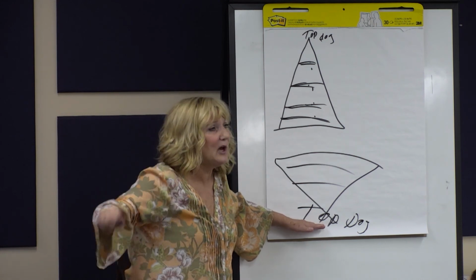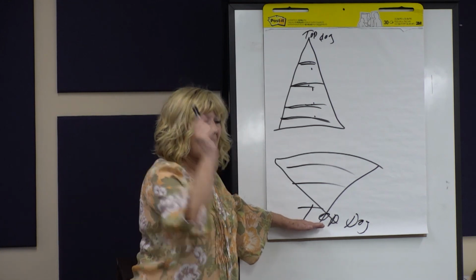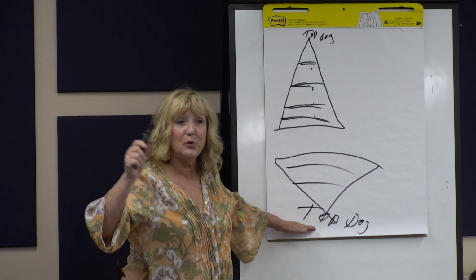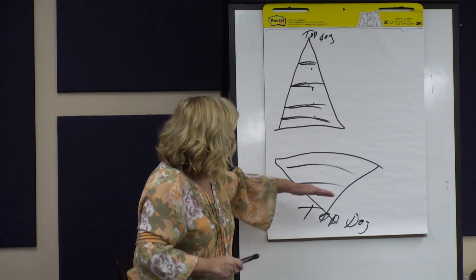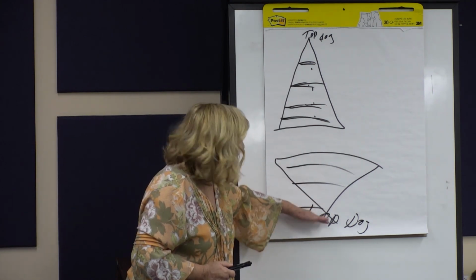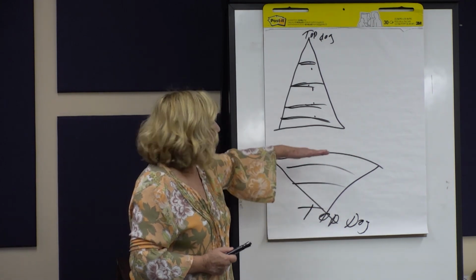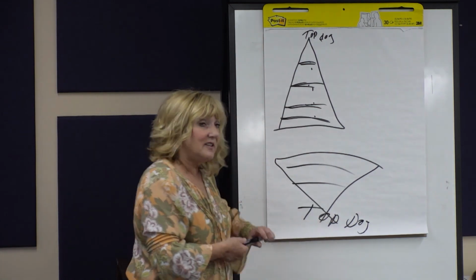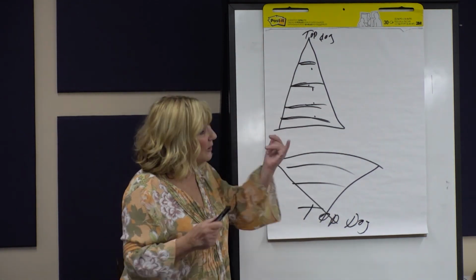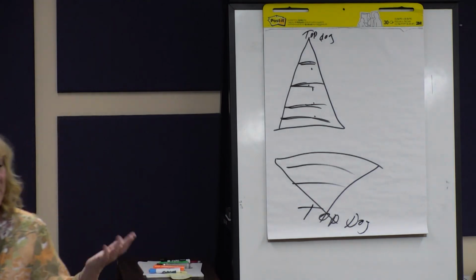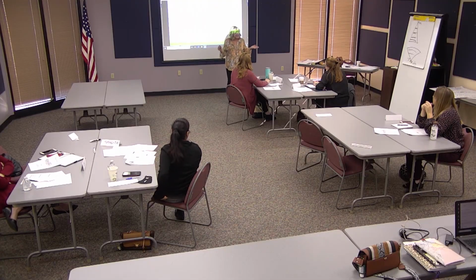How can I help you? How can I support you? How can I grow you? How can I coach you? How can I make you a better employee? And as we do this, and we're giving more responsibility to those above us, you're not doing everything yourself. And what we're doing is growing and developing employees who feel like they can be a vital part of the organization. Does that make sense?